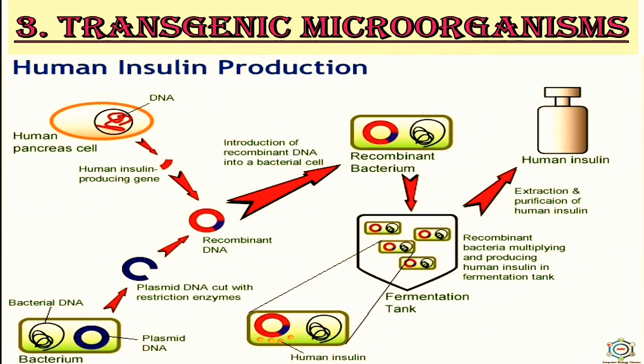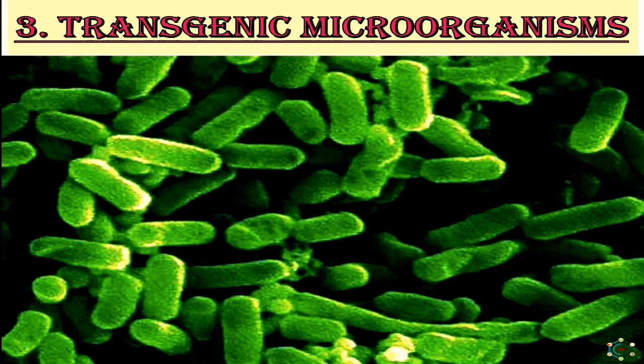If we talk about the insulin needed for the treatment of diabetes, you can see here how human insulin is formed by recombinant DNA technology. If we talk about the growth hormone needed for the treatment of pituitary dwarfism and the blood clotting factors used in the treatment of hemophilia.